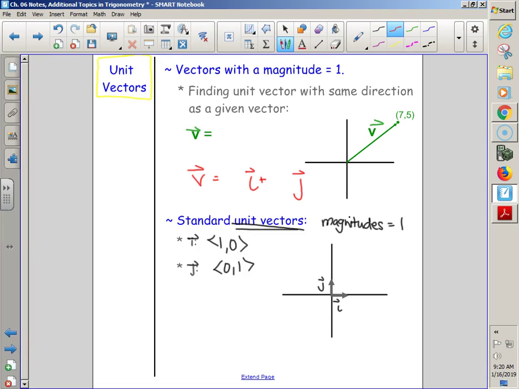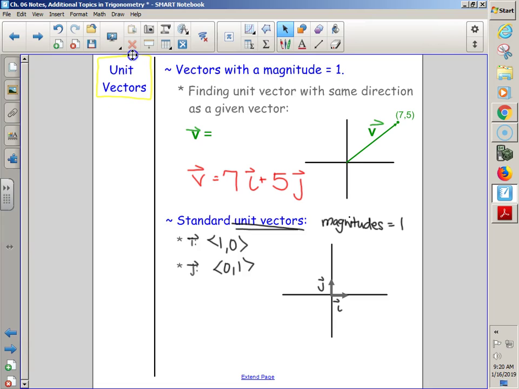No. Why not? Because it's not just 1 and 1. If it was 1 and 1, where's the hit? Over here somewhere. I need to go all the way over there. What am I going to do to the I to get all the way over, and what am I going to do to J to get all the way up? 7 times I plus 5 times J.